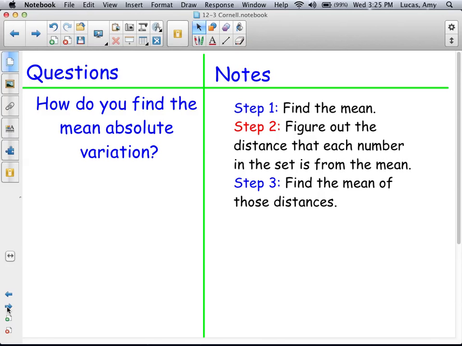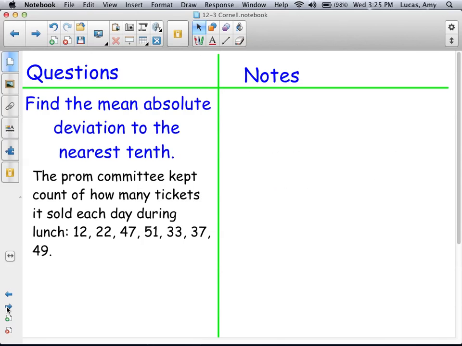Step 2 is to figure out the distance that each number in the set is away from the mean. Now remember, distance is always positive, so you're basically asking yourself, how far away is each of these numbers from the mean that I calculated? Then you're going to find the mean of those distances from step 2. The next example hopefully will help you make some sense of this.